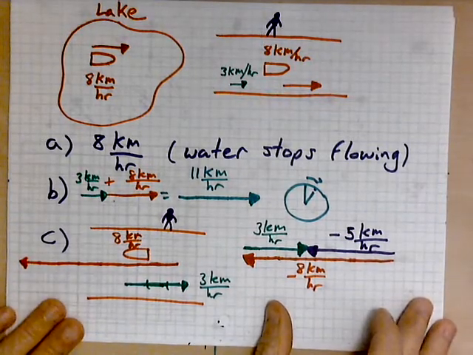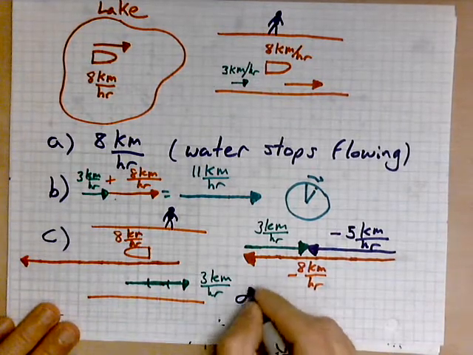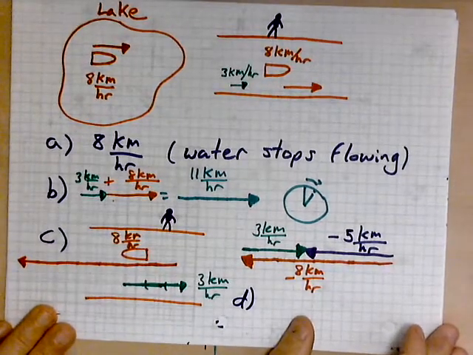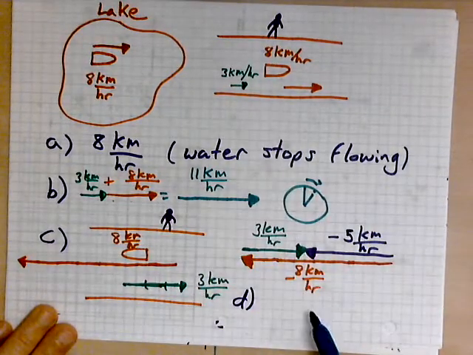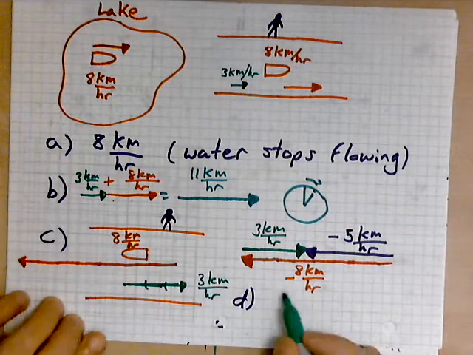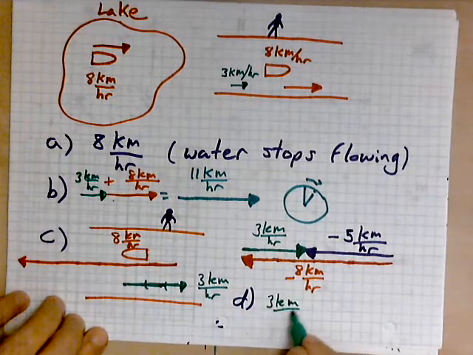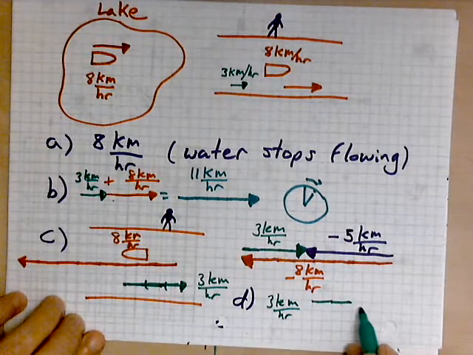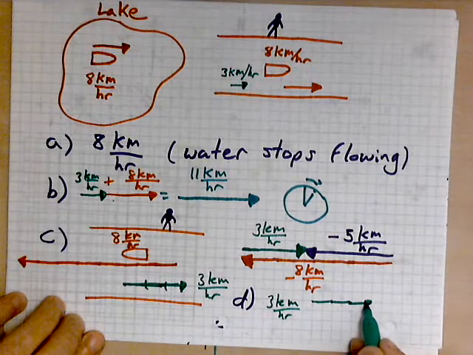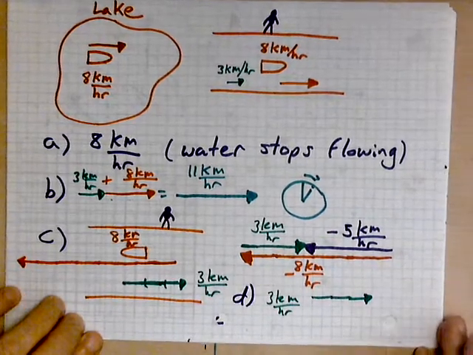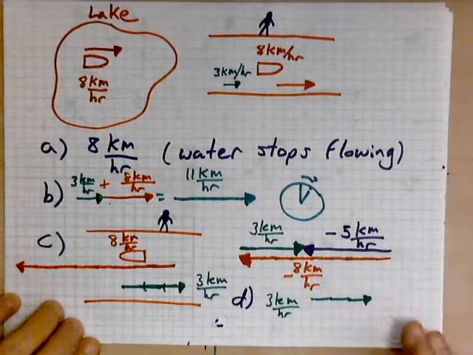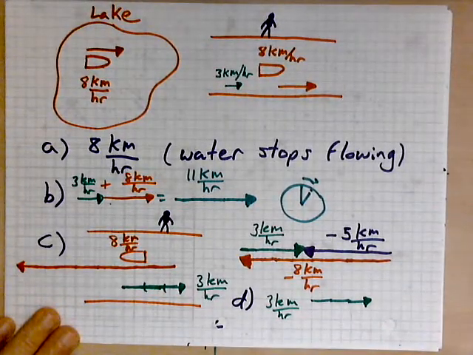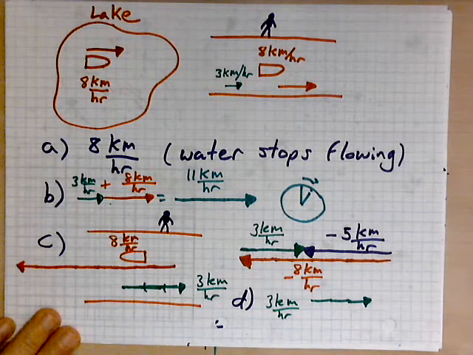And another common question is, we'll call this part D. If the water is flowing at 3 kilometers per hour downstream, like this, so let's use a vector to represent that velocity. Let's say this is our 3 here. Then how fast should the boat move so that its velocity relative to an observer on the shore is 0?